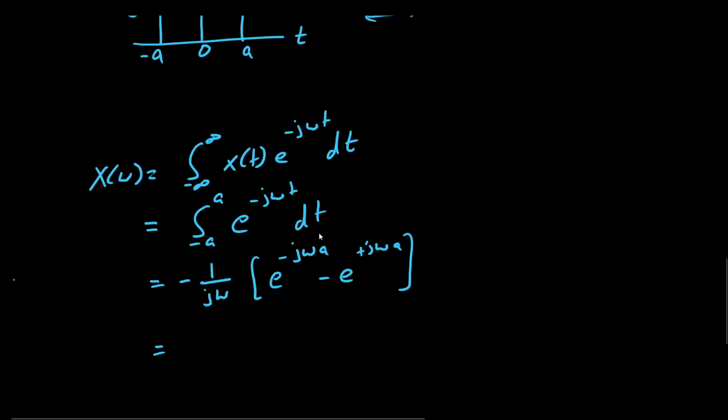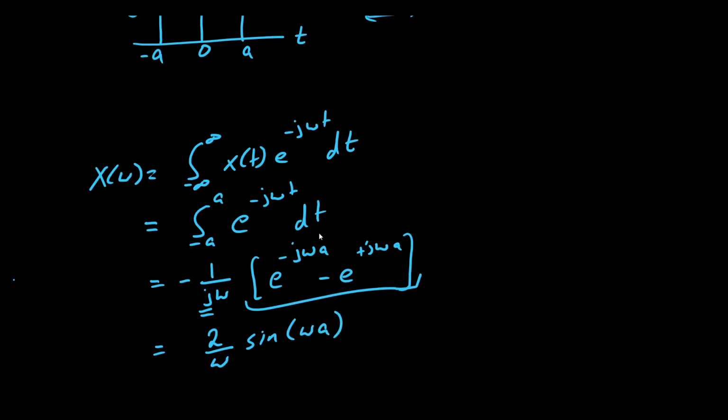From Euler's identity we can multiply and divide by 2, so we would have 2 by omega, and j with this, divided by 2, so this would simply be sine of omega a. Now again we can multiply and divide by a, so we would have 2a sine omega a over omega a. Sine of an argument divided by the same argument is simply a sinc function, so this would lead to 2a sinc of omega a.